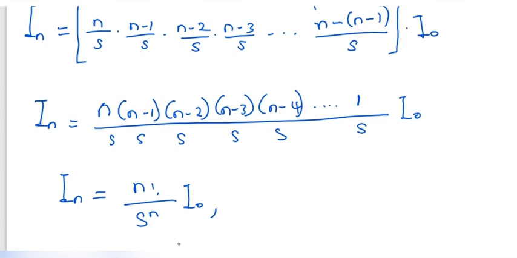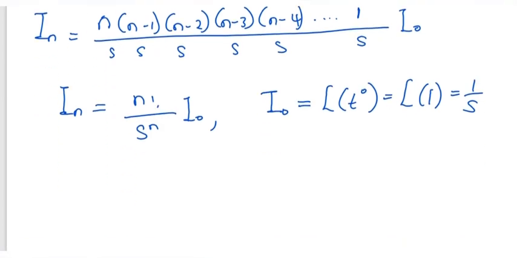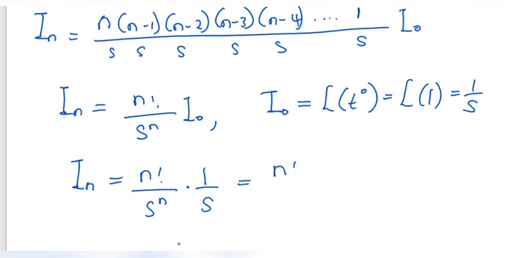And where exactly is I naught? I naught, from the earlier definition, is just the Laplace transform of t to the power of 0, which is the Laplace transform of 1, which is 1 over s. So if we replace I naught with 1 over s here, we have n factorial over s to the power of n times 1 over s, which will give you n factorial all over s to the power of n plus 1.